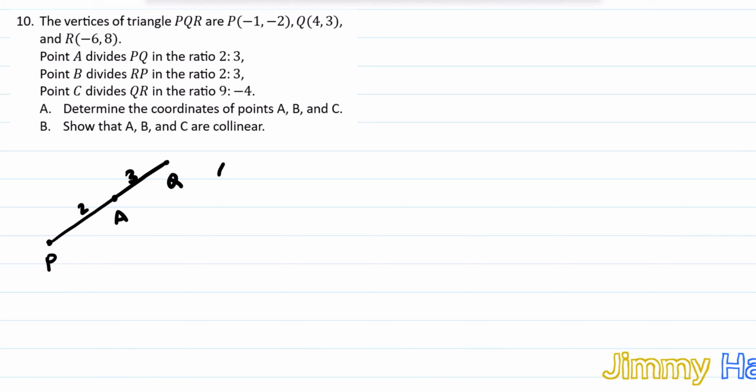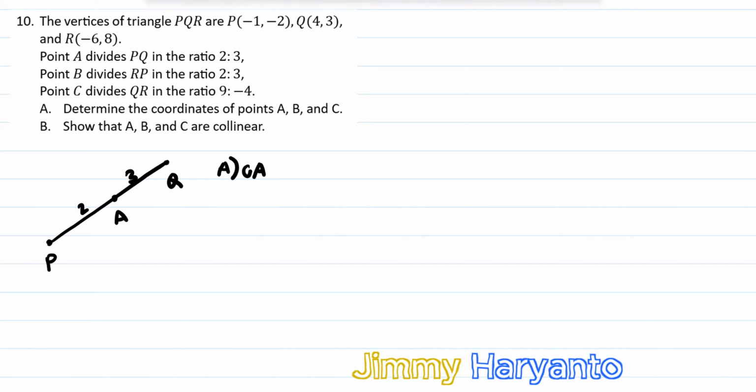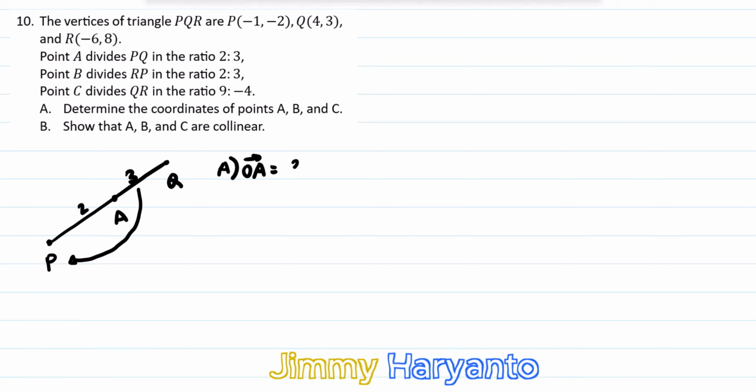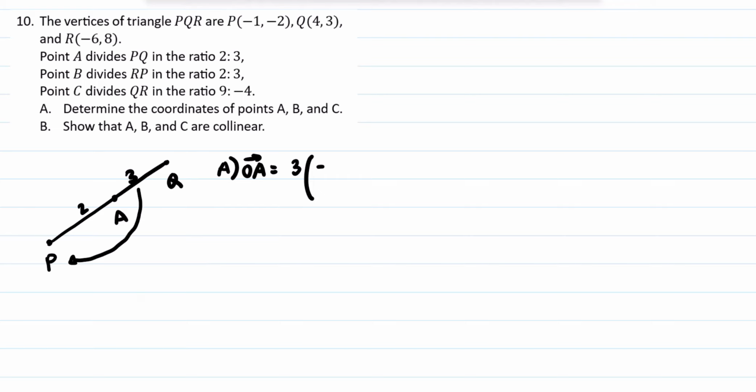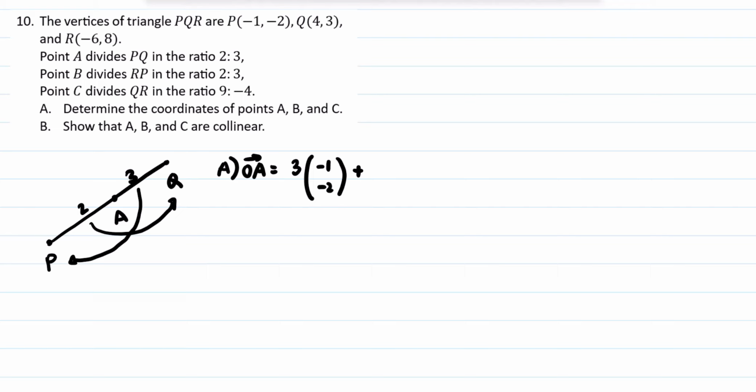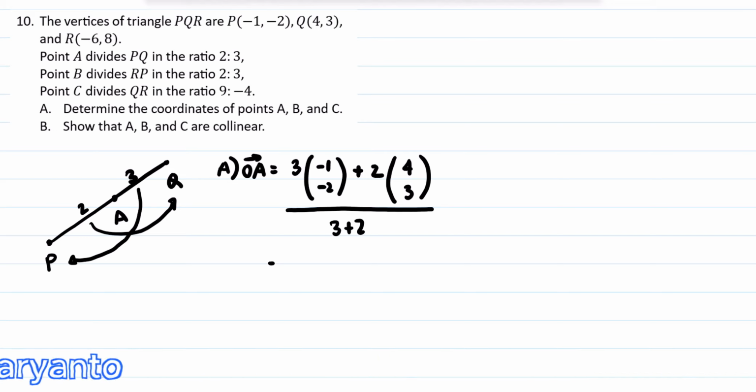Let's use the easier method to find the coordinate of A. That means OA equals 3 multiplied by P. 3 times P is -1, -2, and then plus 2 times Q. 2 times Q is 4 and 3, divided by 3 plus 2.